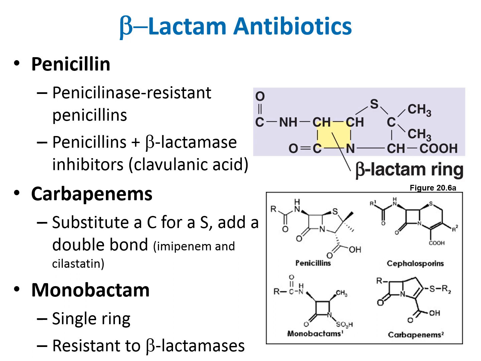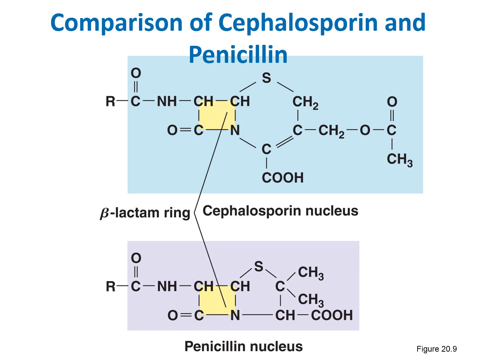And then you have the monobactams lastly. If you look at the monobactam in this figure, you'll see that it's basically just the beta-lactam ring and a little bit of chemistry outside of it. So it looks really different from penicillin, and it would be hard for some of your beta-lactamases to recognize that particular drug, because it looks so different from penicillin.